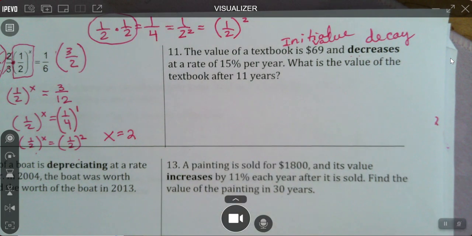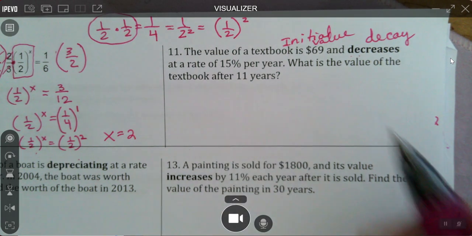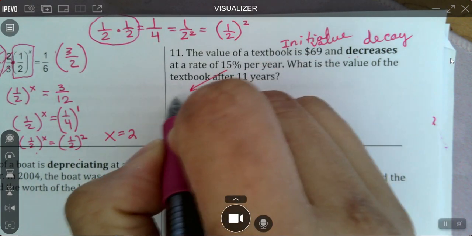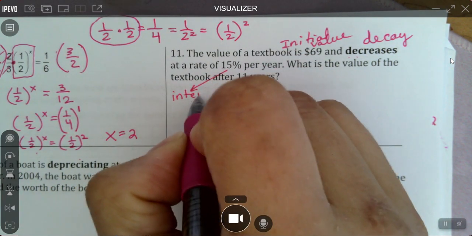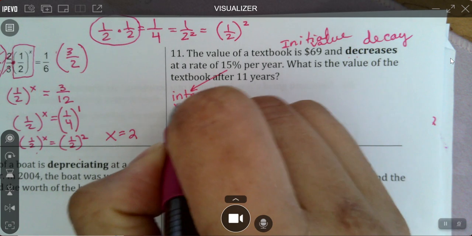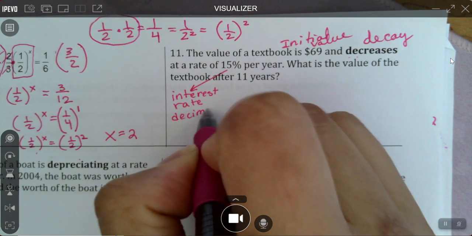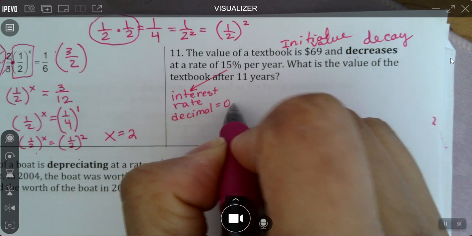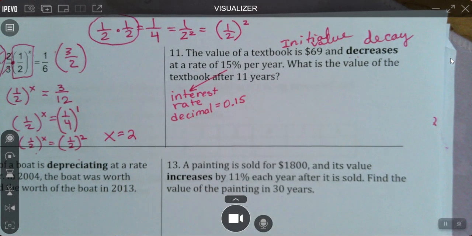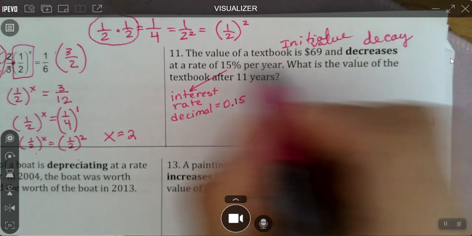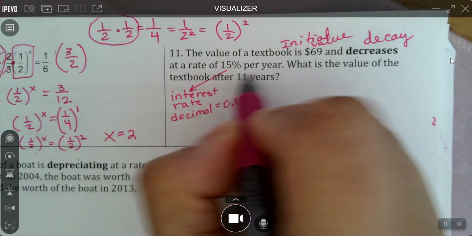We're doing linear on Monday, we're doing quadratics on Tuesday. 15%, this is the interest rate. How do we write that in decimal form? You have to know that as well, how to go from percent to decimal. What is the value of the textbook after 11 years? This is your time.